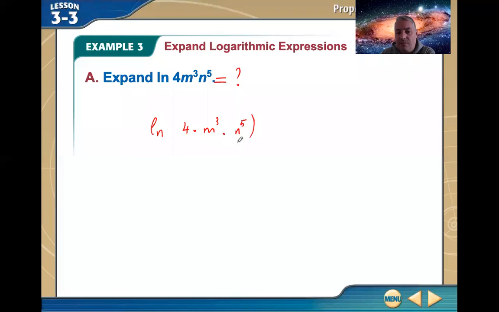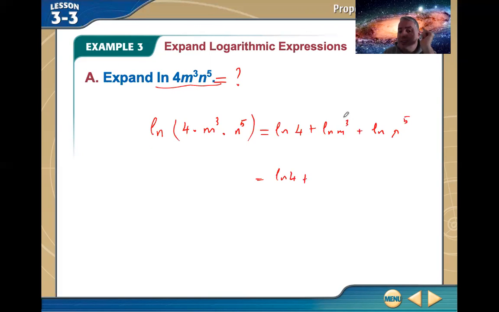Since I have multiplication, I just get the sum of the logarithms separately. And then ln 4 is ln 4. I can't do anything else. I can use a calculator, but leave it like that, ln 4.